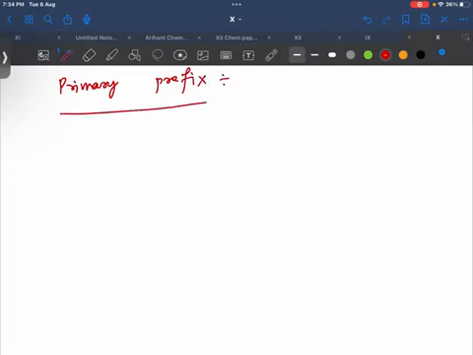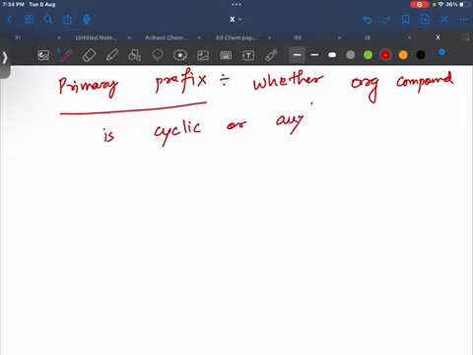So information इससे ये मिलेगा कि whether the organic compound is cyclic or acyclic. ठीक है. Cyclic or acyclic यहाँ से पता चलने वाला है.